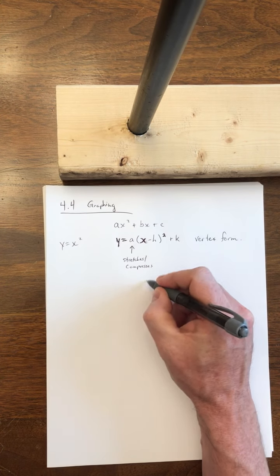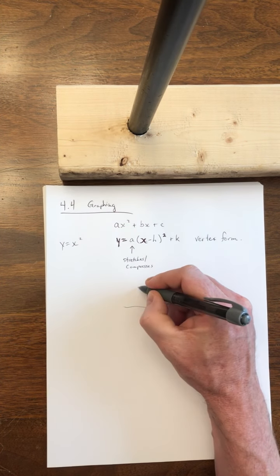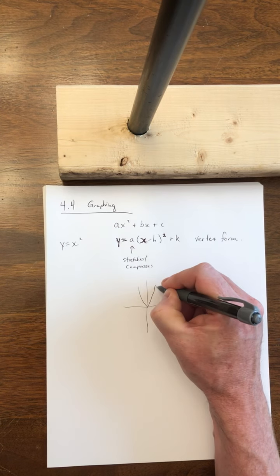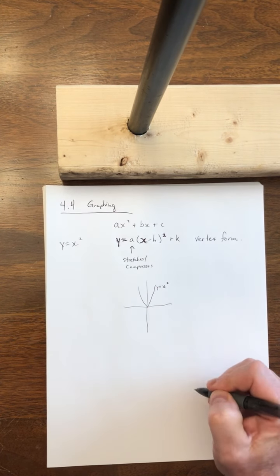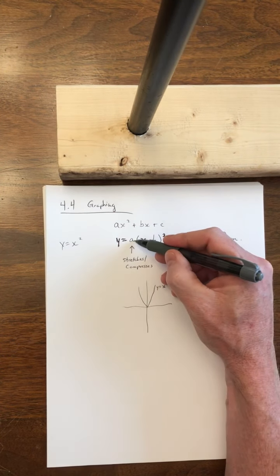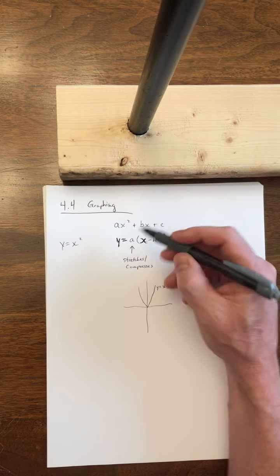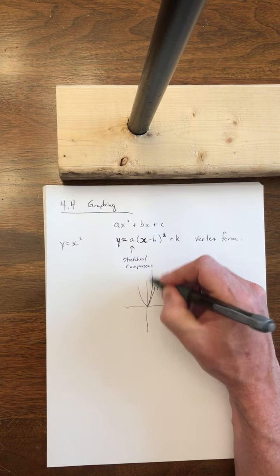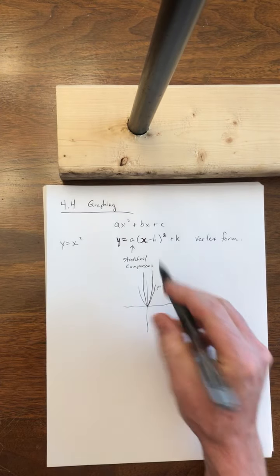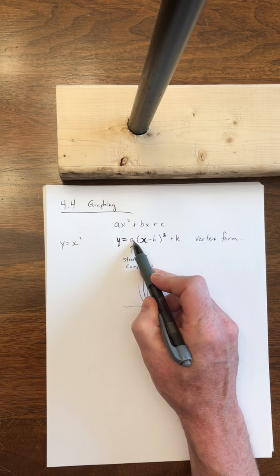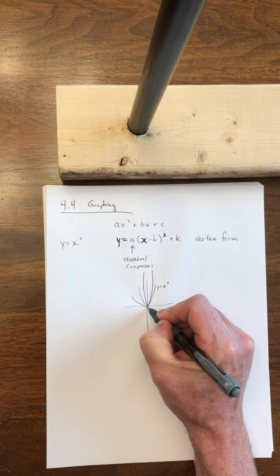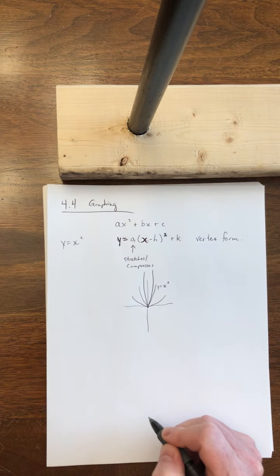So it would take our y equals x squared parabola, and if this number is greater than 1, it would stretch it up higher. If this number is less than 1, it would compress that same parabola.